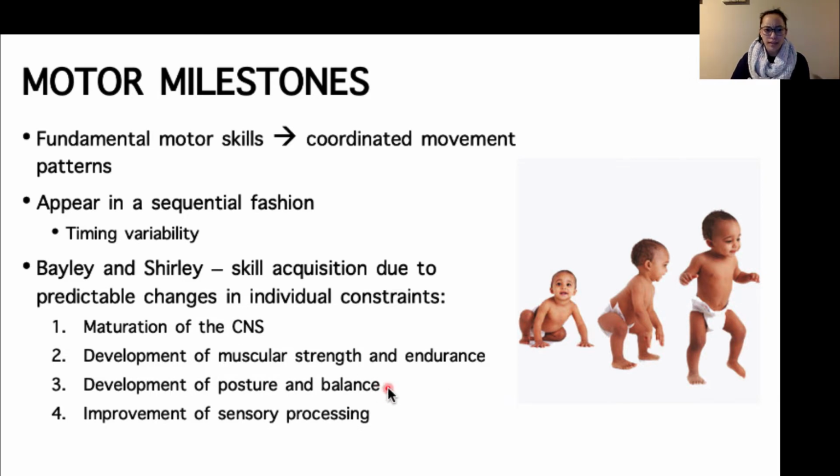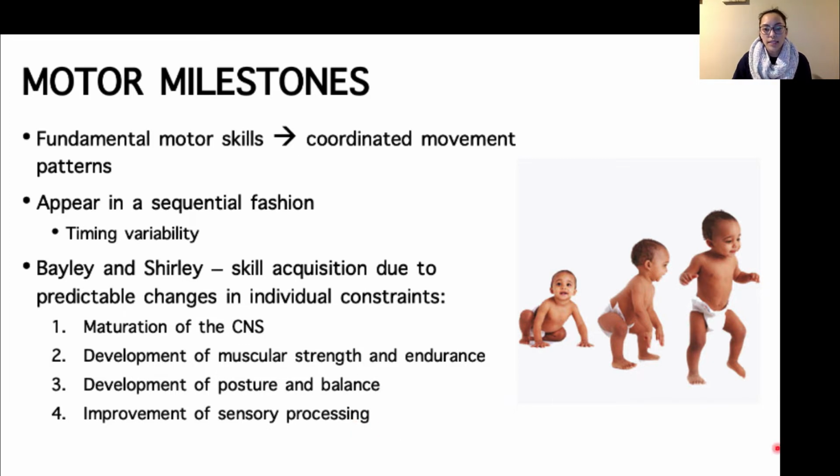I think we talked a little bit about individual constraints, like growing limb length, as far as where the distribution of your center of mass is, right? Because babies' heads tend to be large. So as the limbs grow, center of mass changes, which affects posture and balance. And this also could include improvement of sensory processing and the ability to perceive different sensations within changing environments.